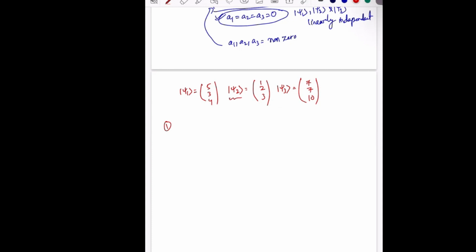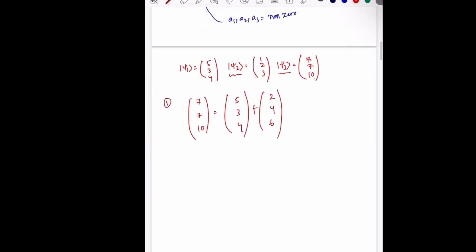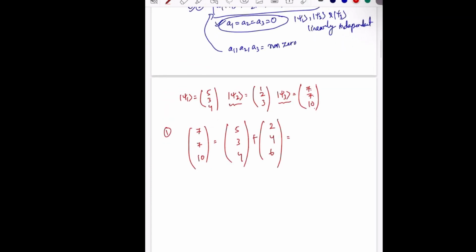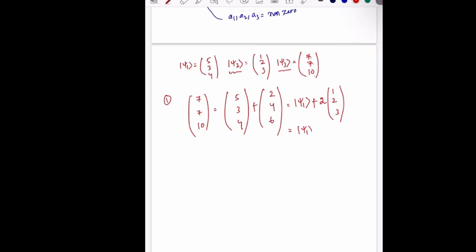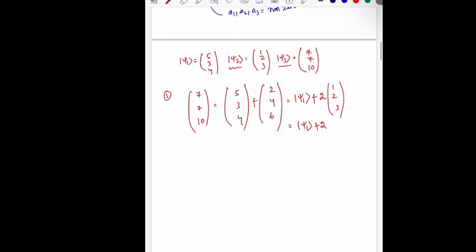Now you can see here psi 3 is 7, 7, 10. So you can write 7, 7, 10 as 5, 3, 4 plus 2, 4, 6. This one you can write, right? So this means that 5, 3, 4 is nothing but psi 1, and 2, 4, 6 you can write as 2 times 1, 2, 3, which is 2 times psi 2.